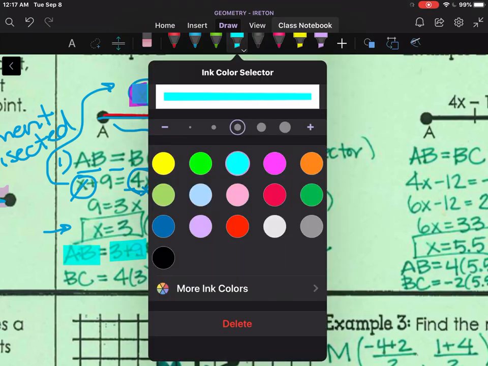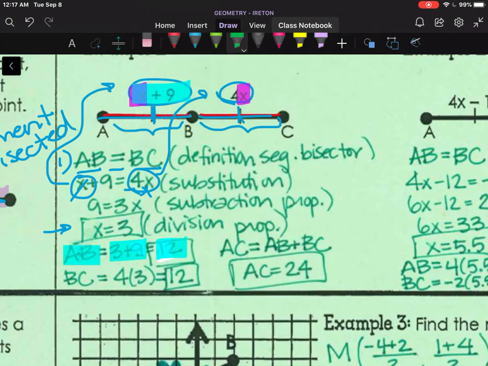If I plug in now for BC, which is 4x, so 4 times 3 gives us 12. Well, if you look up above, that's kind of our check. We know that AB and BC are supposed to be the same length.